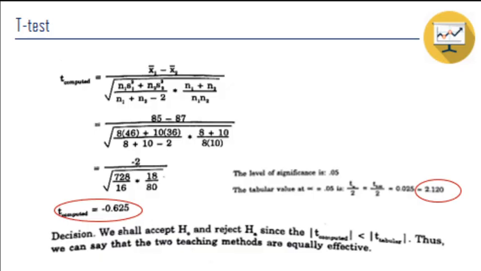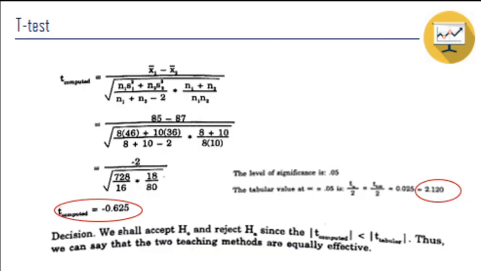So, we shall accept the null hypothesis and reject alternative hypothesis. Kasi nga, kapag less than siya, the absolute value of the T computed is less than the absolute value of the tabular value, which is 2.120. So, we accept the null hypothesis and reject the alternative hypothesis.